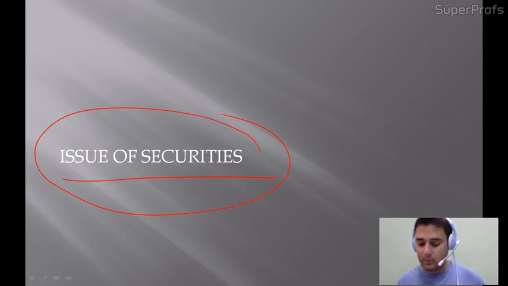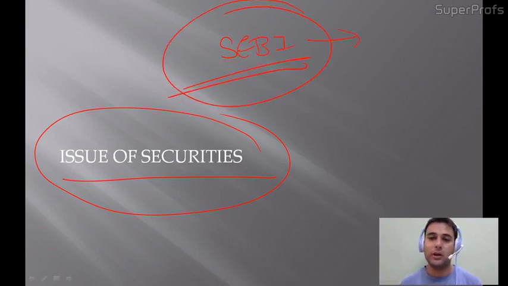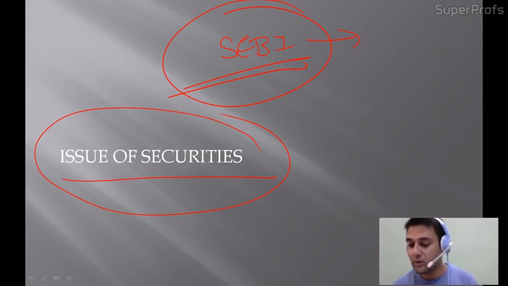As you know, SEBI is the watchdog, or the regulator, of the capital market. So in case SEBI has barred the promoters or the management of a concerned company, then they cannot make any public issue.